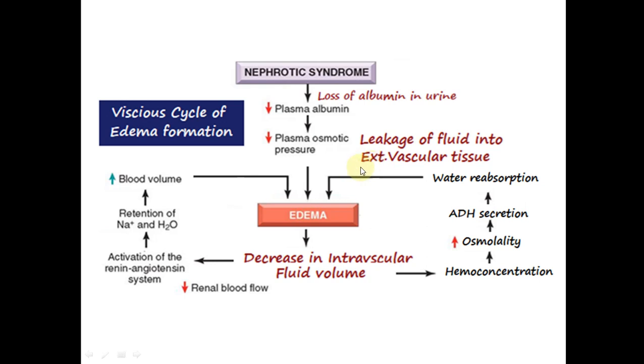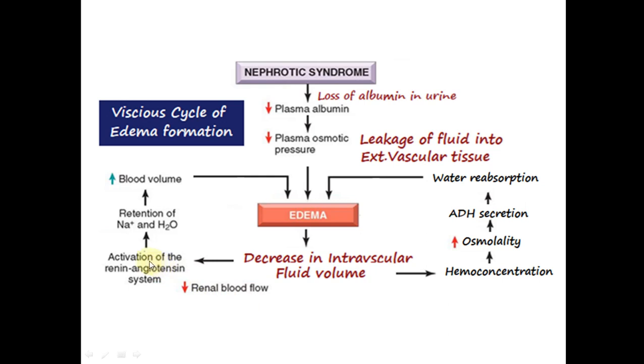An example is the loss of albumin in urine and filtrate, and decreased colloidal osmotic pressure and development of edema will result in the decrease in the extravascular fluid volume or total volume of the blood. And this will lead to ischemia in many organs, but particularly the decreased renal blood flow and renal ischemia.